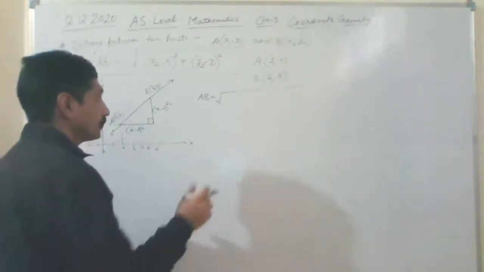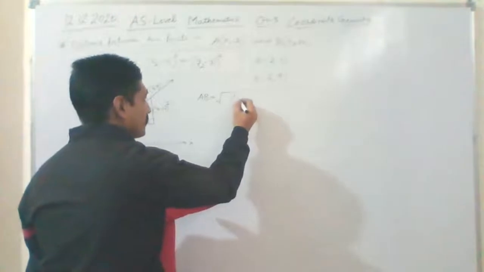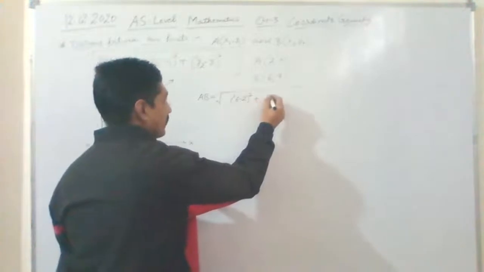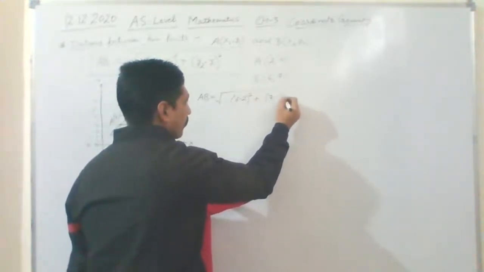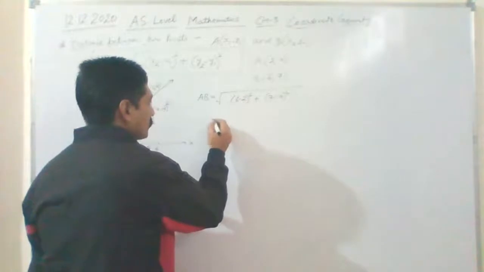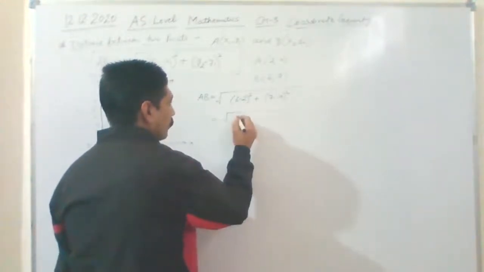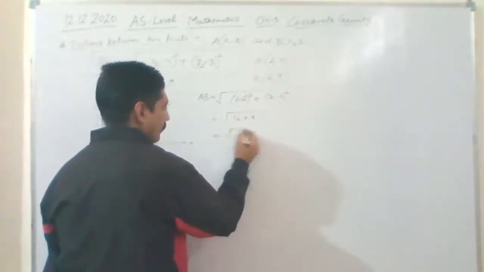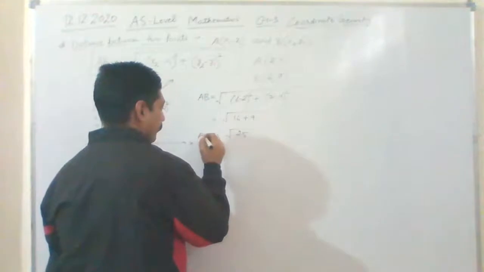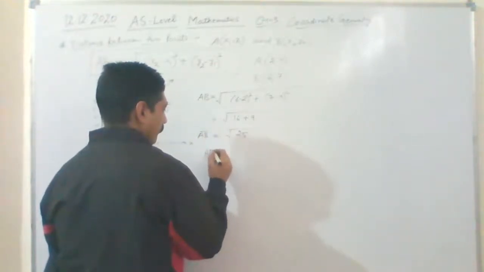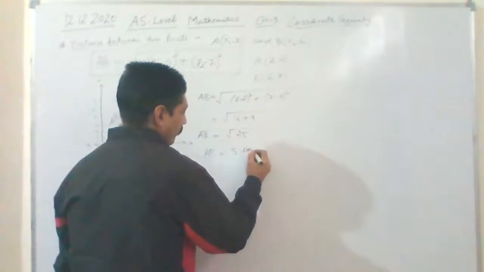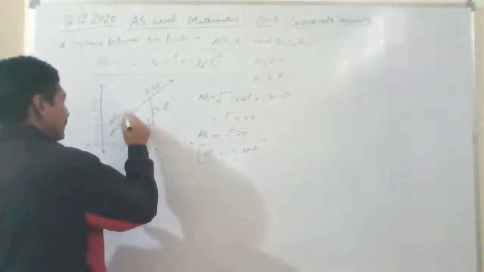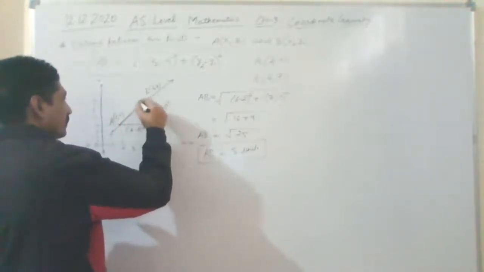So x2, that is your 6 minus 2 plus 7 minus 4 whole square. So we have here 4 square, that is 16, and 3 square is 9. This distance is 5 units. This distance AB, this is 5 units, right?